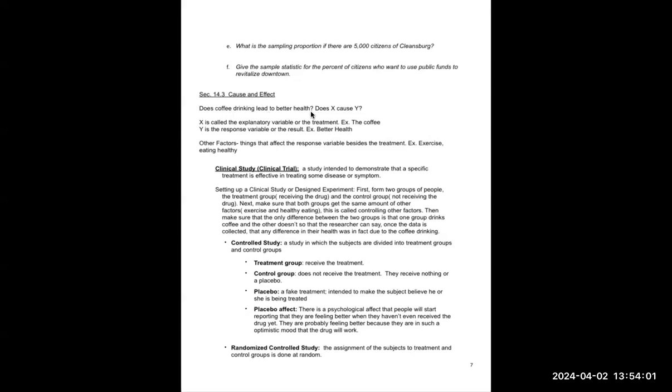Or in general, we want to ask, does X, call it whatever it is, cause Y to happen? So X is called the explanatory variable or the treatment. So the coffee, in the example before, it says, does coffee lead to better health? So coffee is the one that we're thinking might cause something else, right?